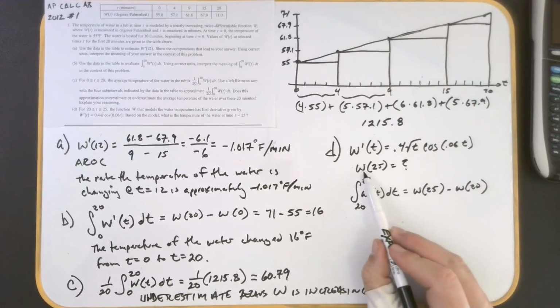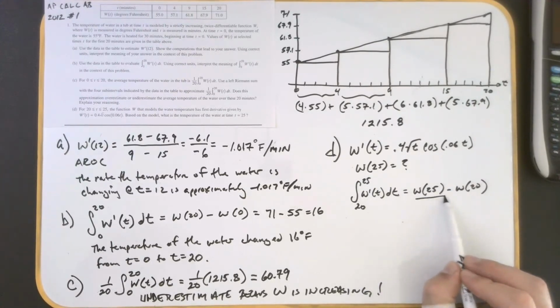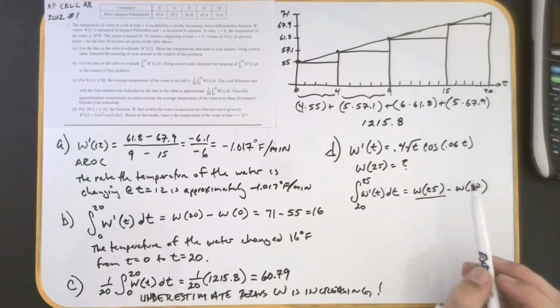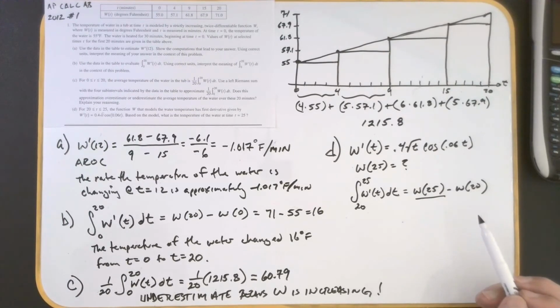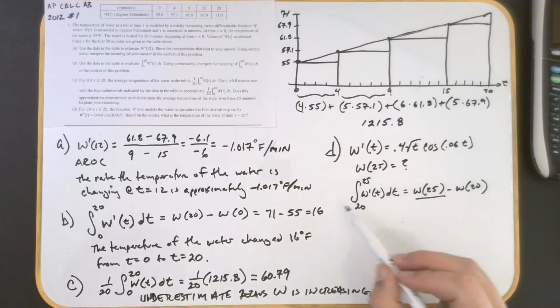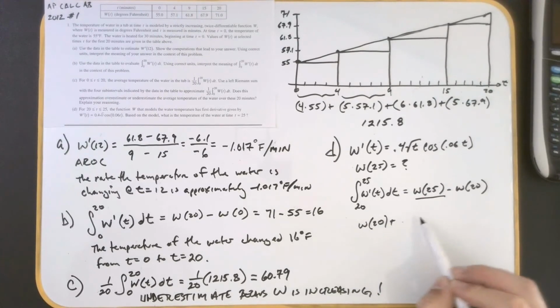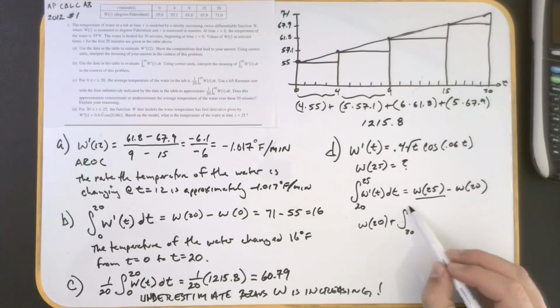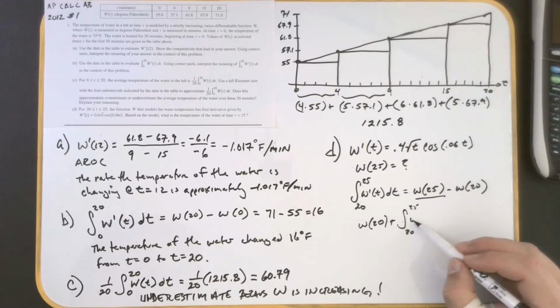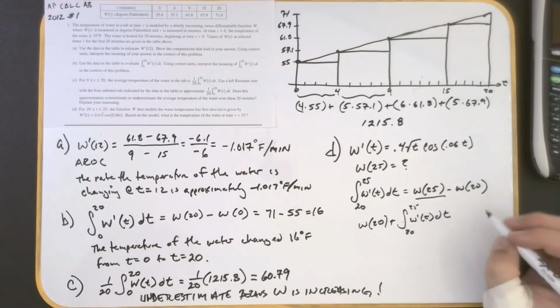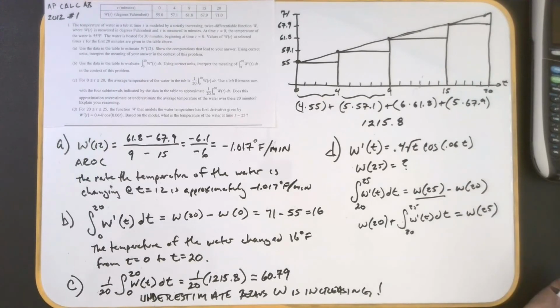Now what they want to know is what's the temperature of the water at 25. So what we have to do is add the initial condition, which for this part of the question isn't 0. The initial condition for this interval is W of 20. I'm going to take that and add it to the other side. So W of 20 plus the integral from 20 to 25 of W prime of t dt is equal to the temperature of the water at 25.